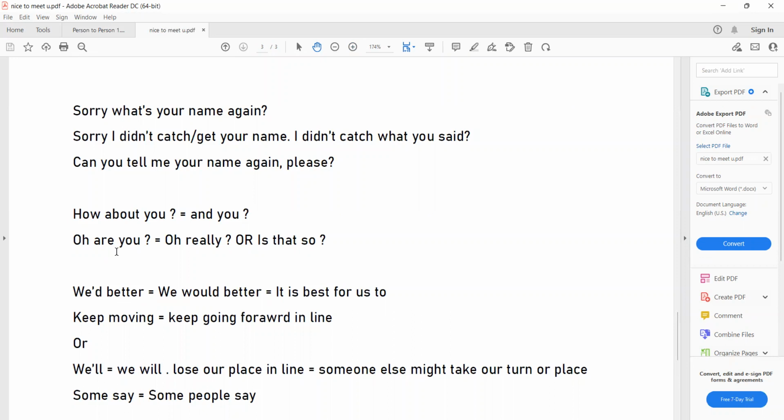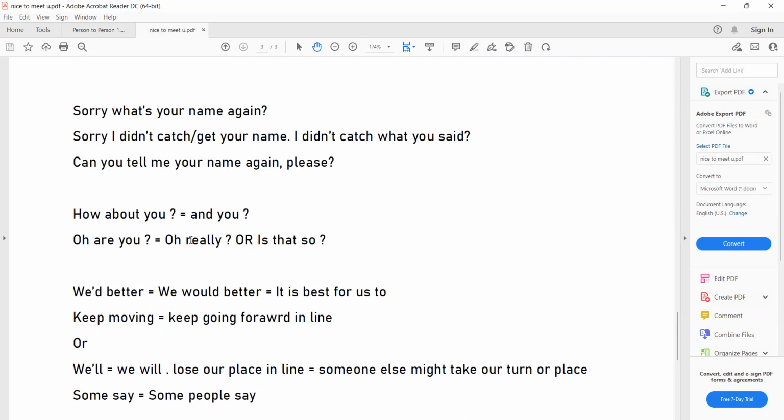Now in the text, we have seen something like "Oh, are you?" This means "Oh, really?" or "Is that so? Is it true? Really?"